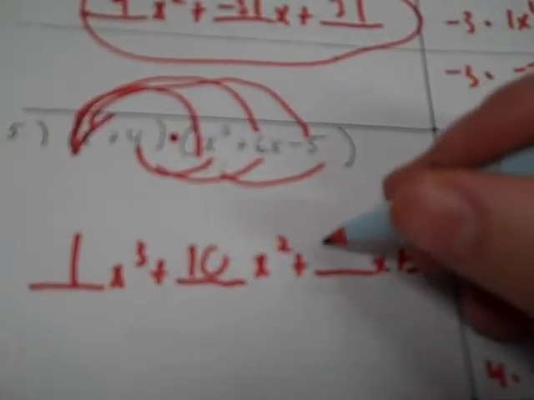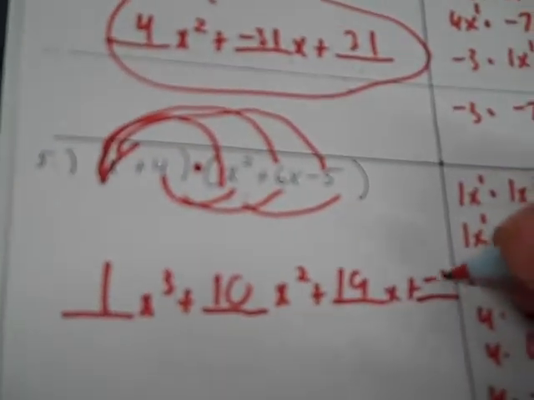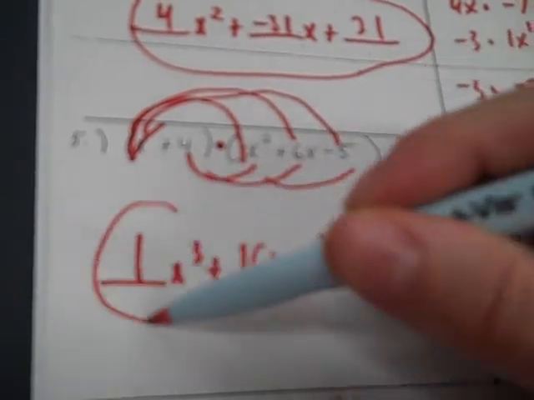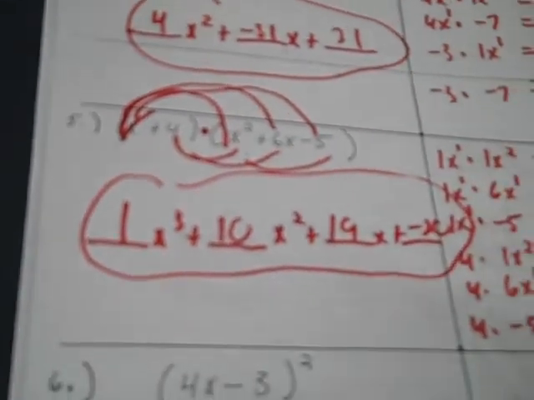Okay, x, you have a negative 5 plus 24. No, it's not 29 because the 5 is negative. It actually goes the opposite way, giving you 19. Then you have your constant, negative 20. And this here is my product. That's your polynomial.